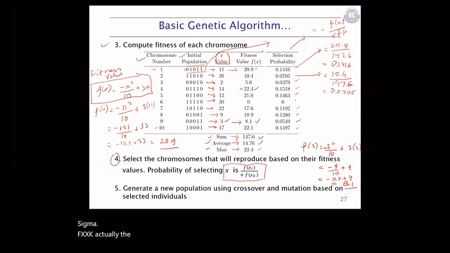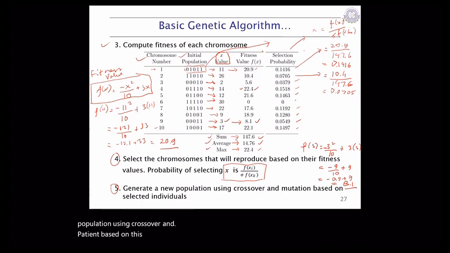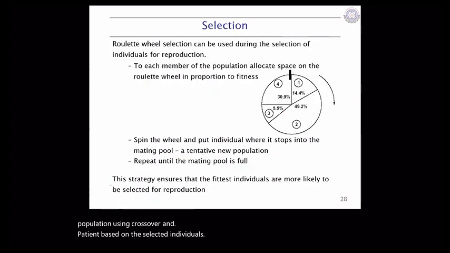This formula for the selection probability is given the fitness value. So after the fourth step, we got the selection probability, and we continue with generating a new population using crossover and mutation based on the selected individuals. So this is the selection.